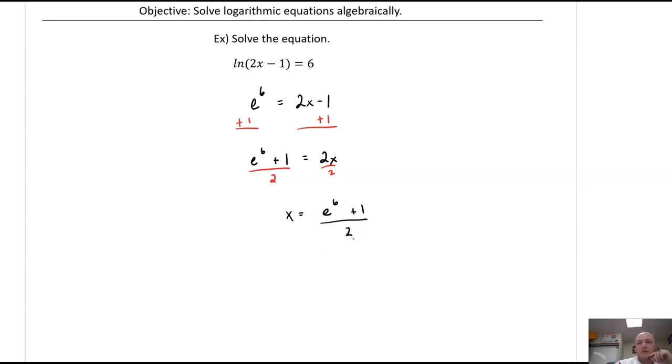Okay? And in this case, if I plug it in up here, this value is positive, so we're going to get a valid answer.